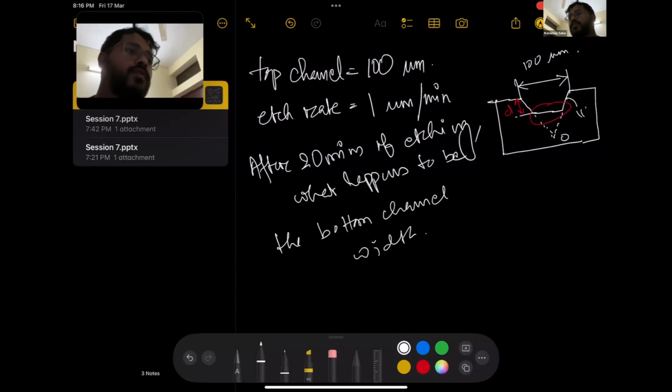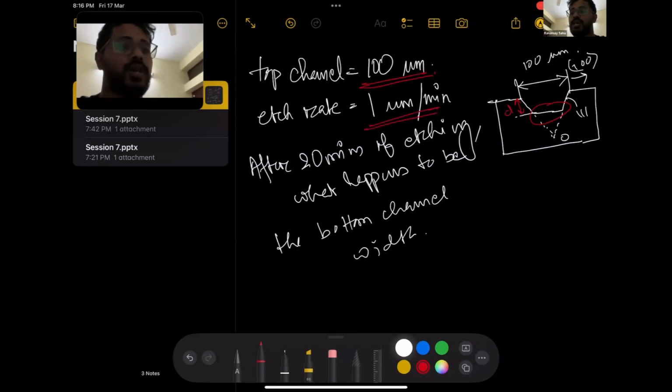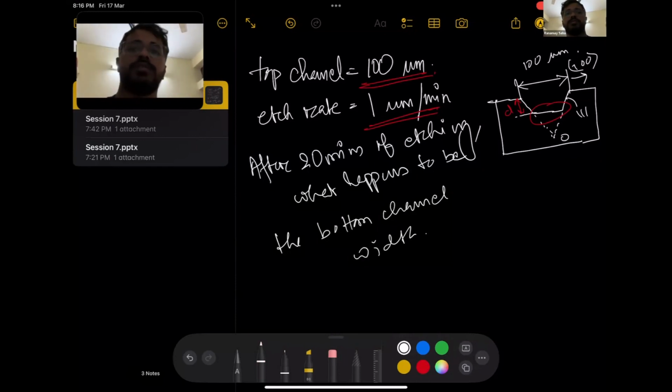These are your 111 planes, and etching is happening along the 100 planes. So when the top channel width is this and your etch rate is this, what is the channel depth after 20 minutes of etching?